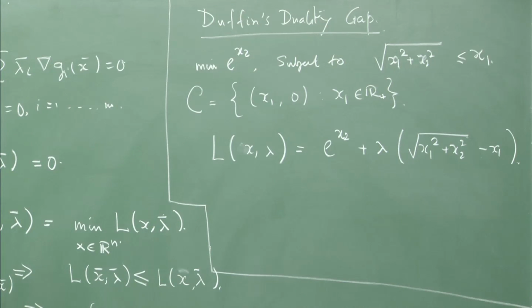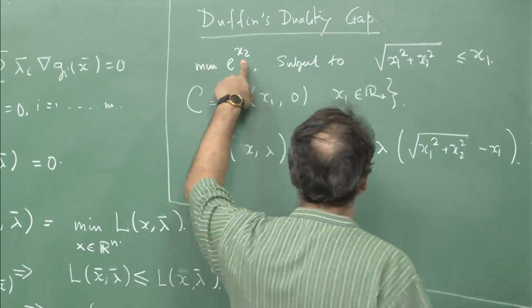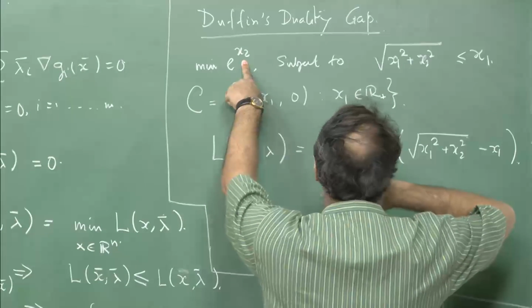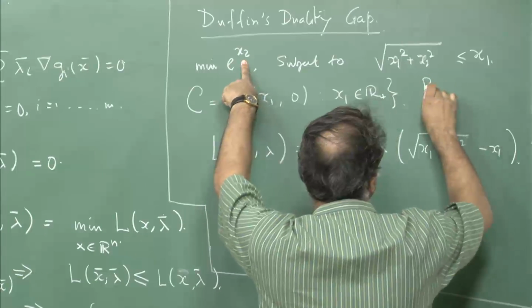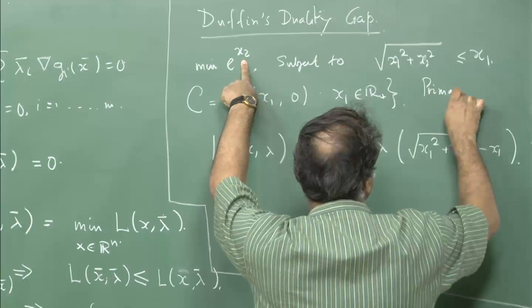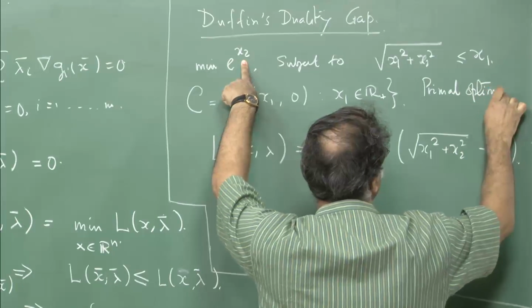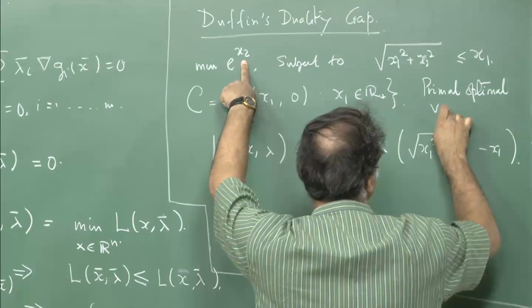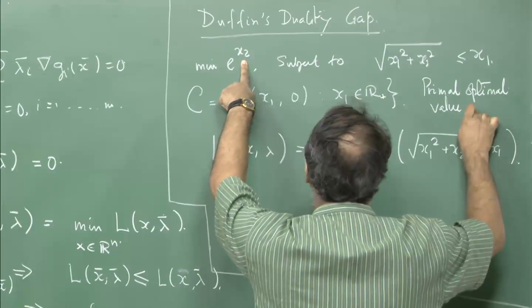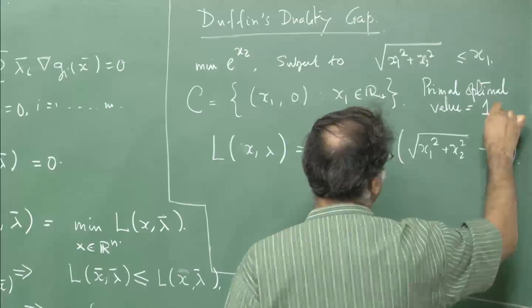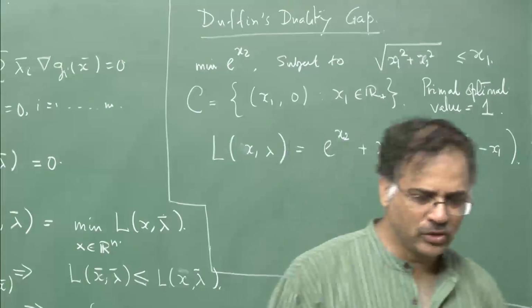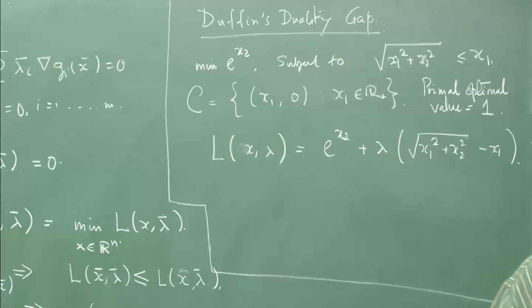Now, if x2 is 0, then the primal optimal value, there is a primal problem, primal optimal value is equal to 1. Now, let us look at the dual optimal value.